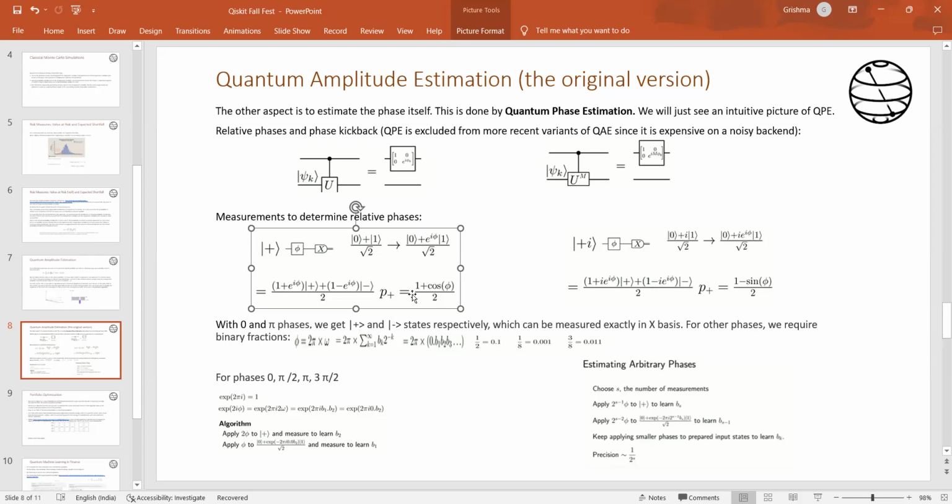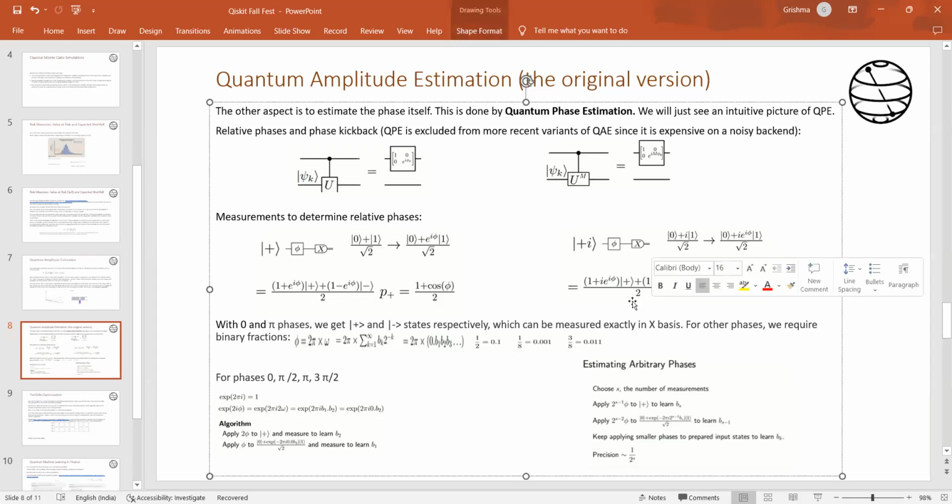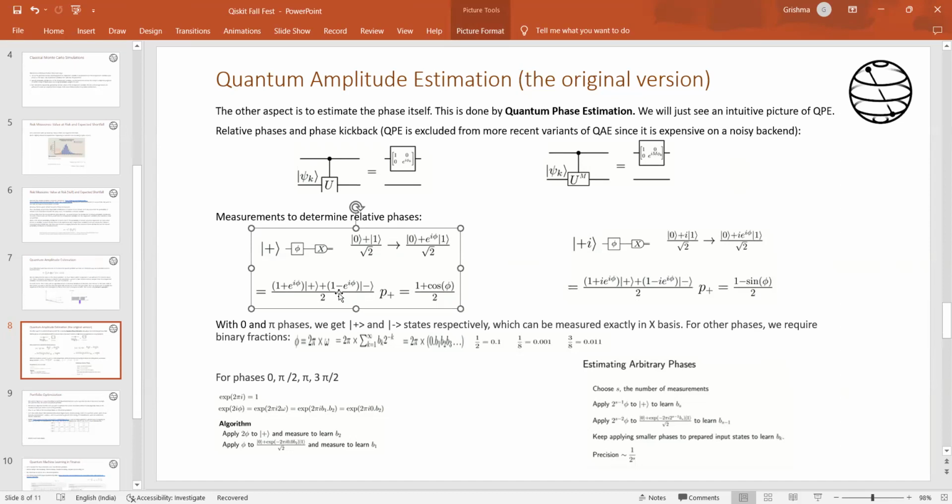If you look at these two snapshots, I'm taking an X state, applying a phase gate to it. It's getting that phase which I want, and I'm measuring it in the X basis. So when I'm measuring P plus, it means that I'm measuring it in the X basis, and I'm getting the value as 1 plus cos phi by 2. So once you have that measurement, you can always get an approximate value for your phase.